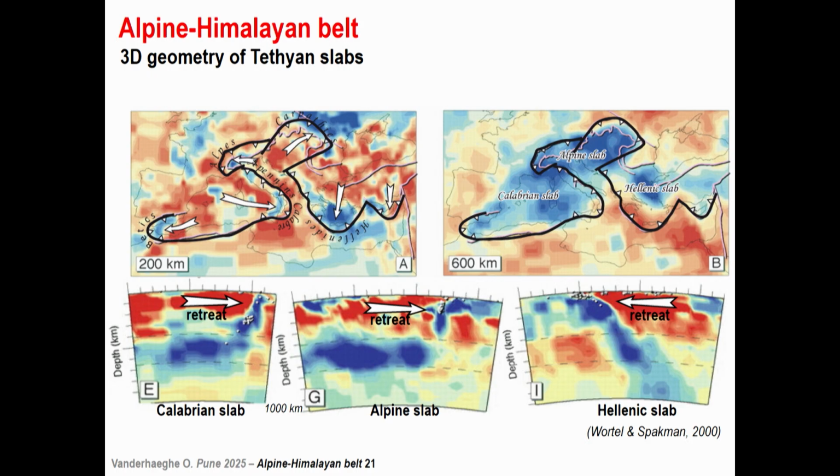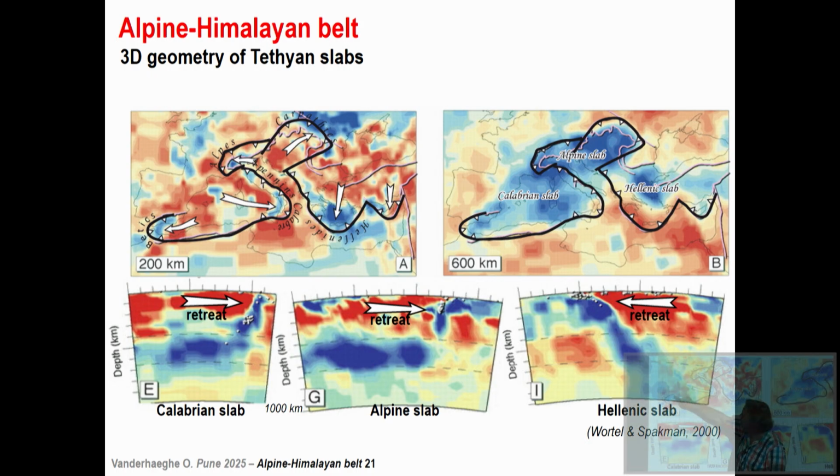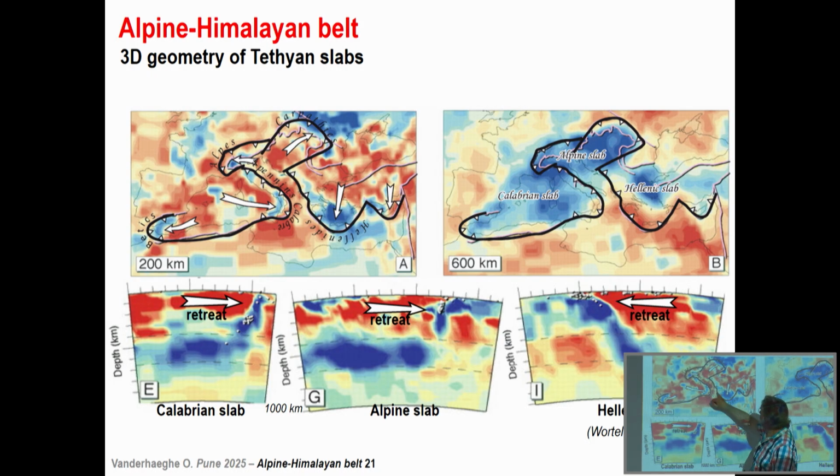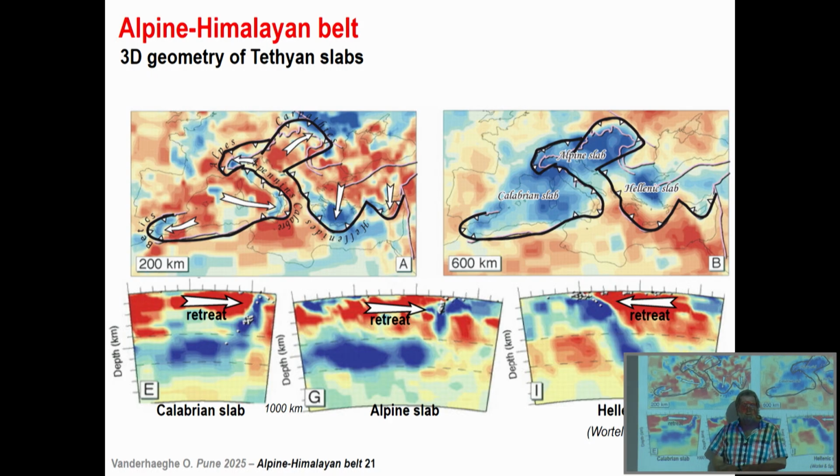Then, when we look at 200 kilometers, we see red and blue. If we try to follow the blue, there's blue here in the Betics, in Gibraltar, blue in Calabria, somehow in the Apennines, in the Alps, and then we have to move to the Carpathians and the Aegean. But you see, this was used to identify the lithosphere.